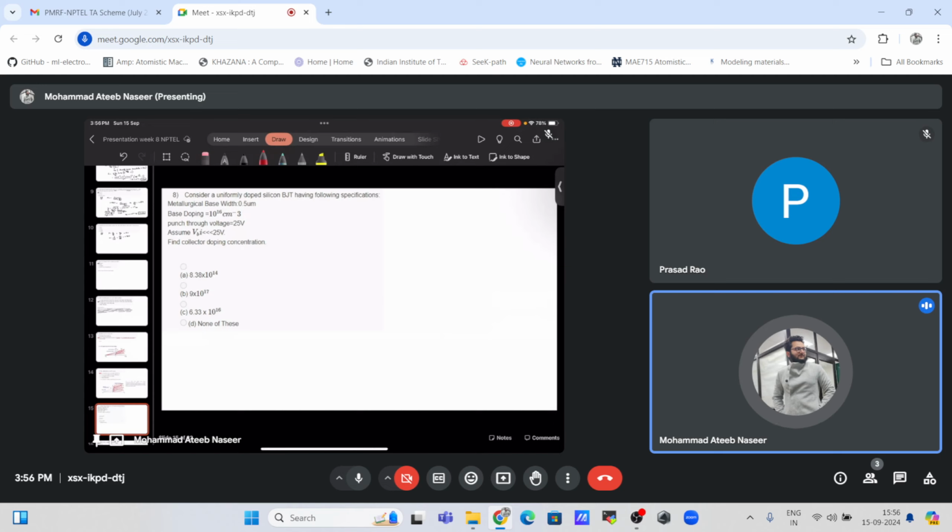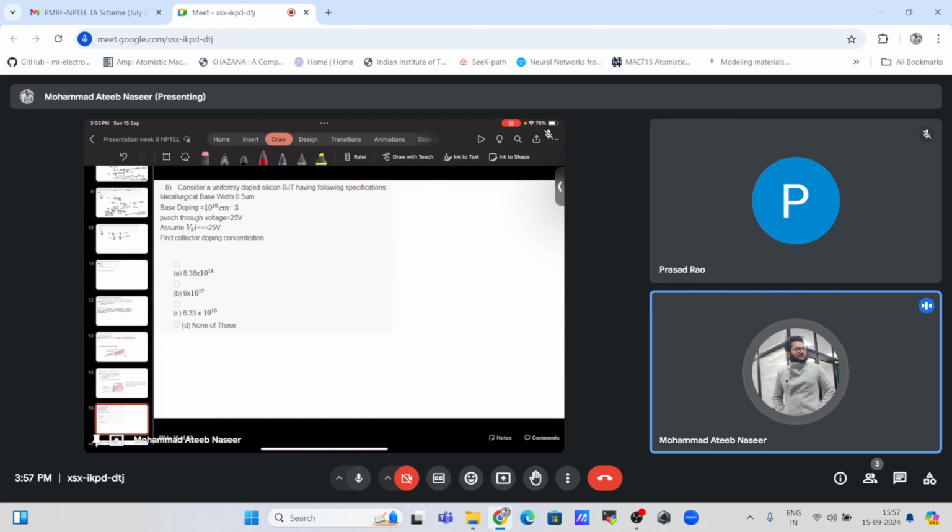These were some simple statement problems which we had seen. Now we have another problem associated with the BJT, and the BJT has a base width given as 0.5 micrometer, and this is given because we need to find the punch through. We have been given the punch through condition. We know that if the punch through happens, then the collector and the emitter regions will be touching each other.